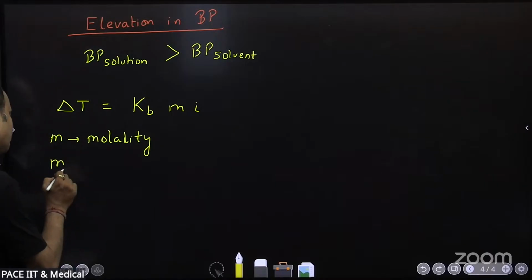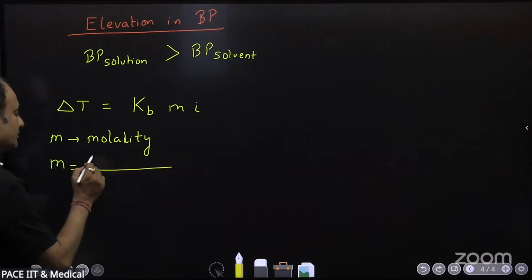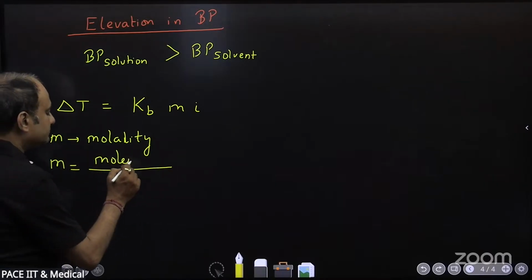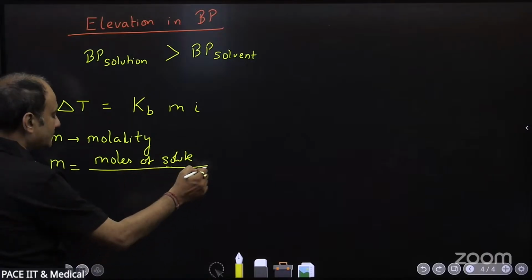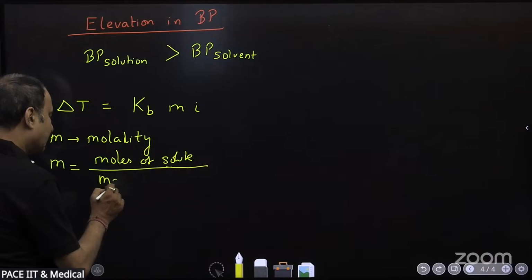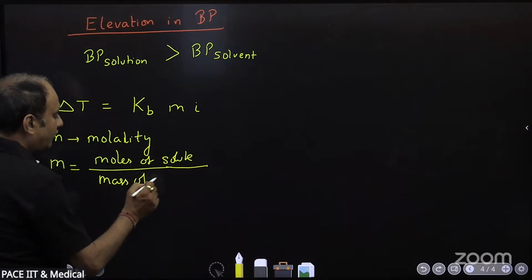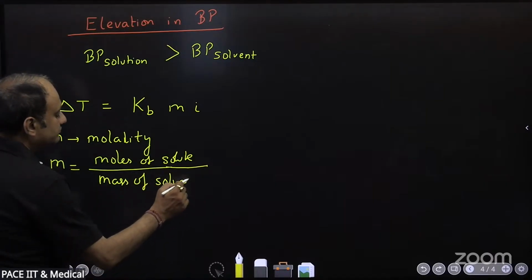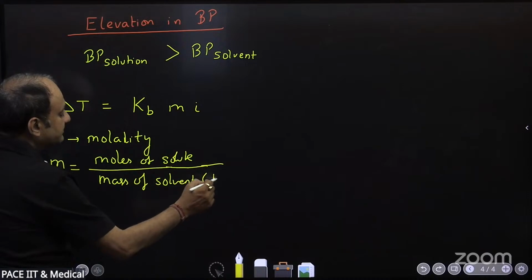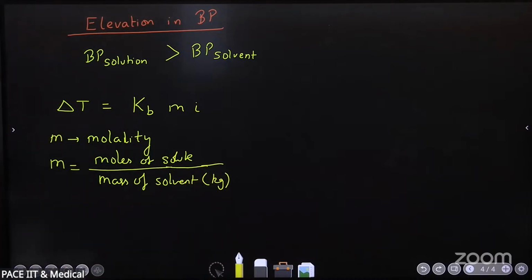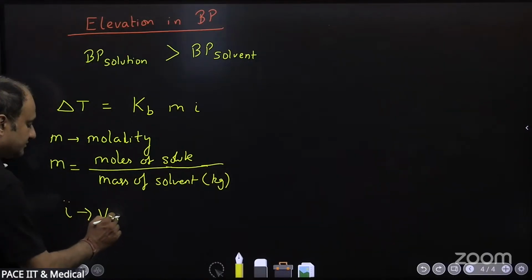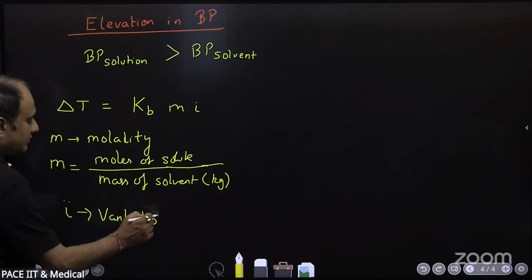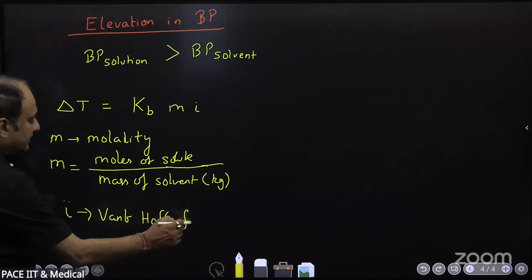You remember what was molality? Molality was moles of solute by mass of solvent in kgs. I, we have just now discussed. I is Van 't Hoff factor.